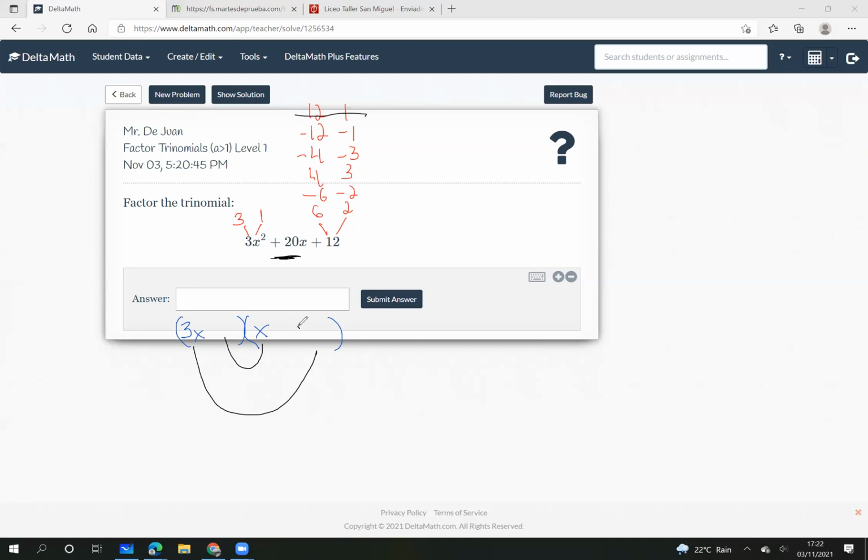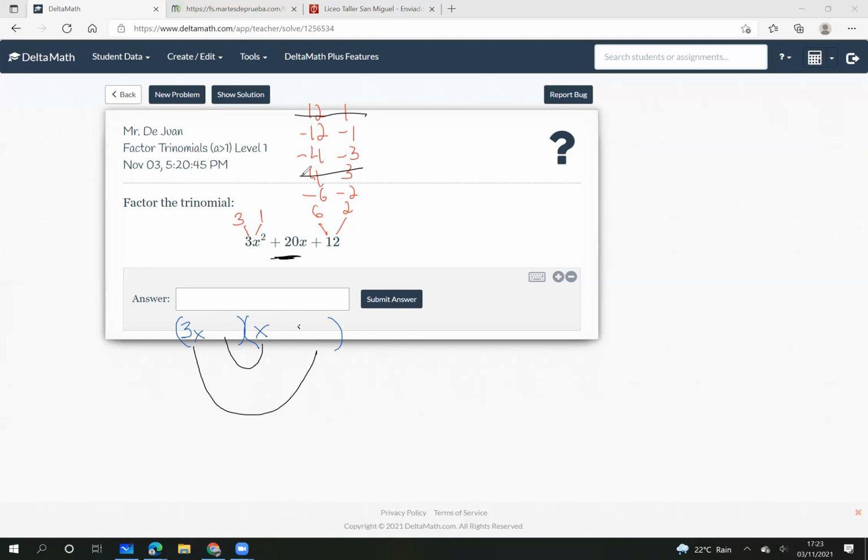Let's try if I put 4 over here and I put 3 here. Let's try this. 3 times 4 is 12. And 3 times x is 3. 3 plus 12 gave me 15. So it can't be this option either.